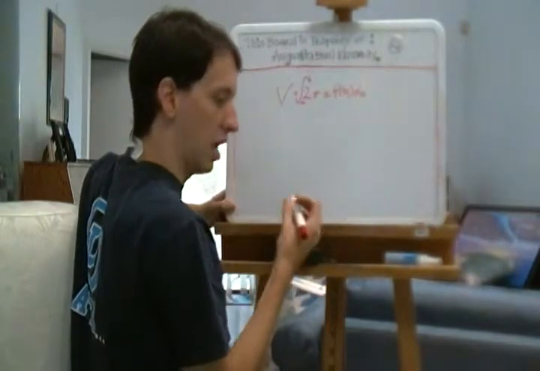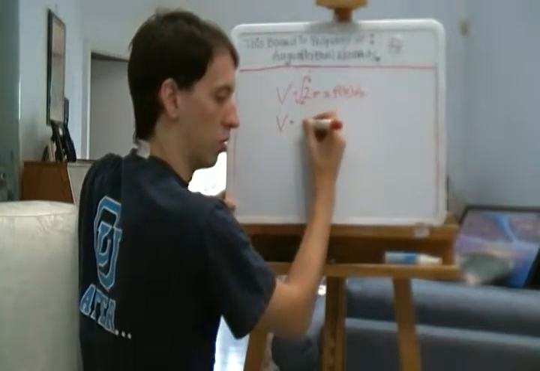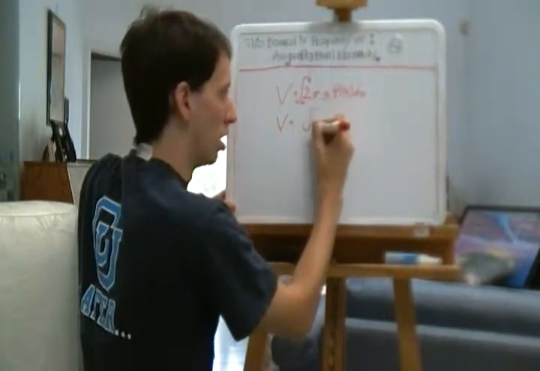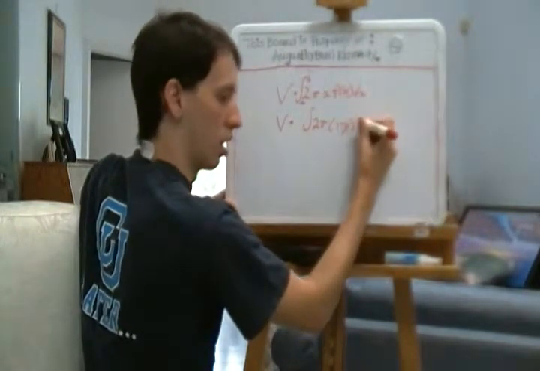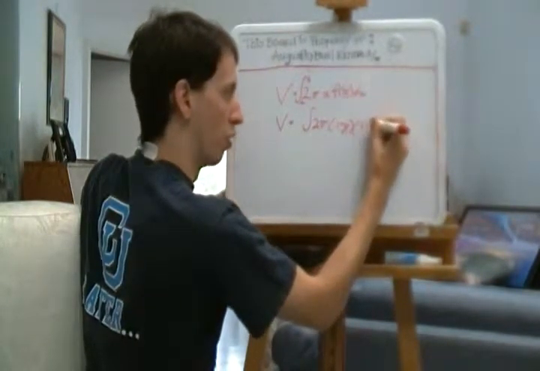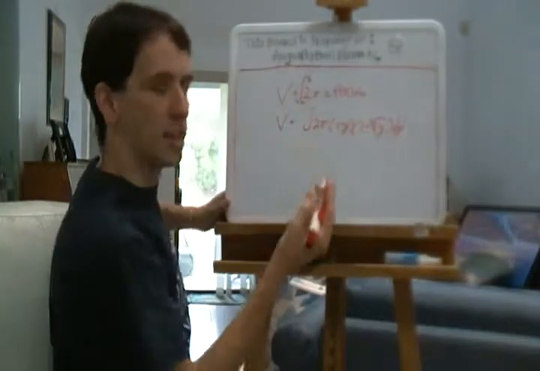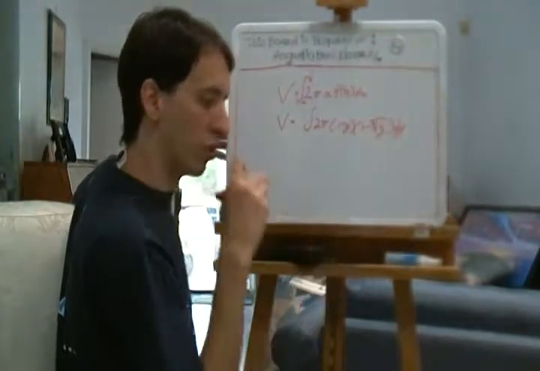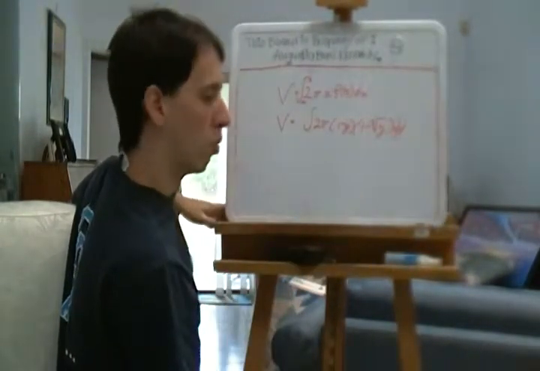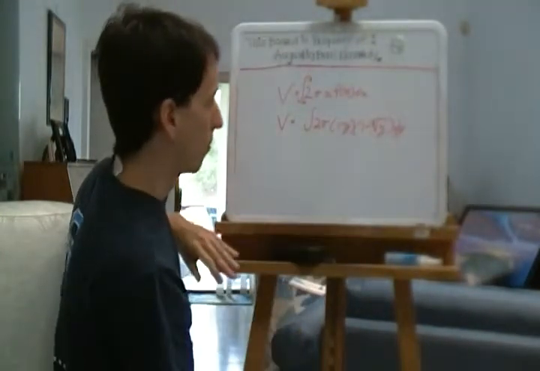That's the same as volume equals 2 pi times the integral of 1 minus y times 1 minus the cube root of y dy. We know what x is from the original function, so we just set everything in terms of y.